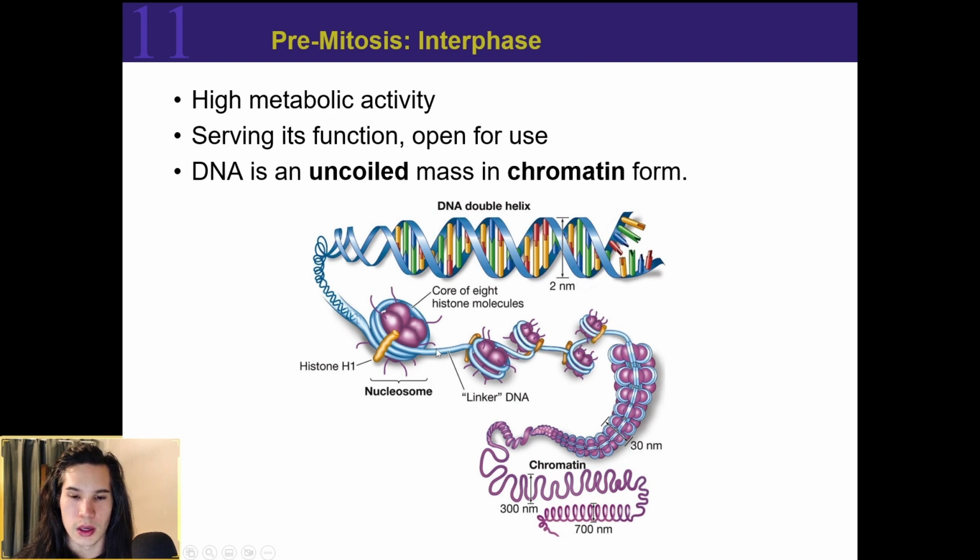Then you have some free cord in between, or linker DNA, which links your nucleosome to nucleosome to nucleosome to nucleosome. And so when DNA is organizing itself, these nucleosomes stack together, forming a thicker cord. So in a sense, your chromatin form isn't entirely decondensed, but it is still very decondensed compared to a condensed chromosome form.